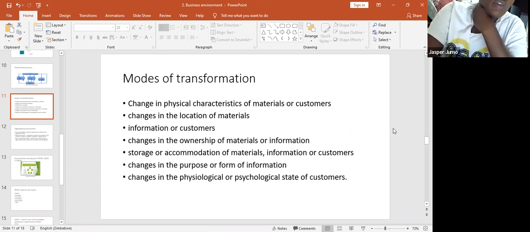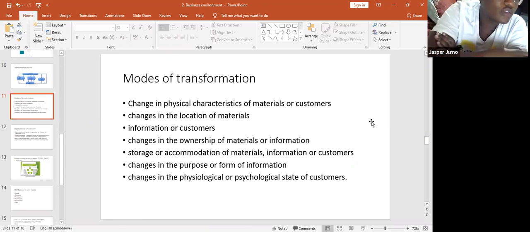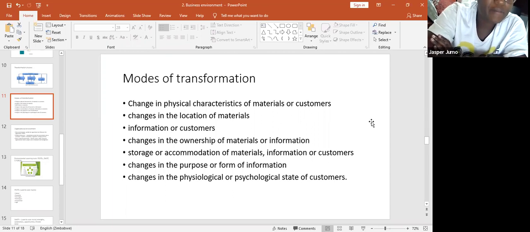So you can have transformation being a change in physical characteristics of materials or customers. Remember, when we talk of transformation, we are talking of any form of business that is there.